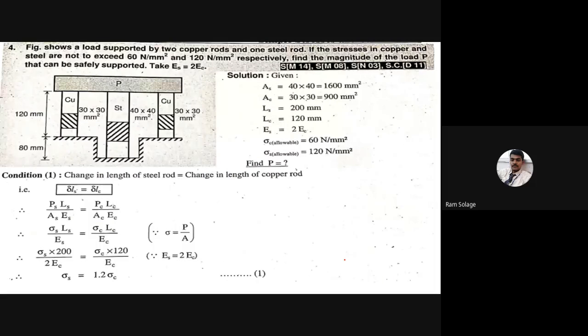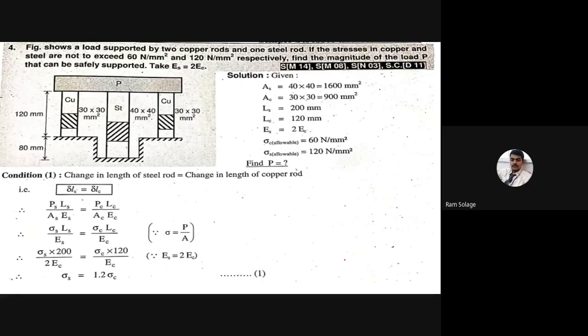Okay. If it is over, I will give the second problem for you. Please solve it immediately. Write down the problem. Figure shows the same problem. Figure shows a load supported by two copper rods and one steel rod.